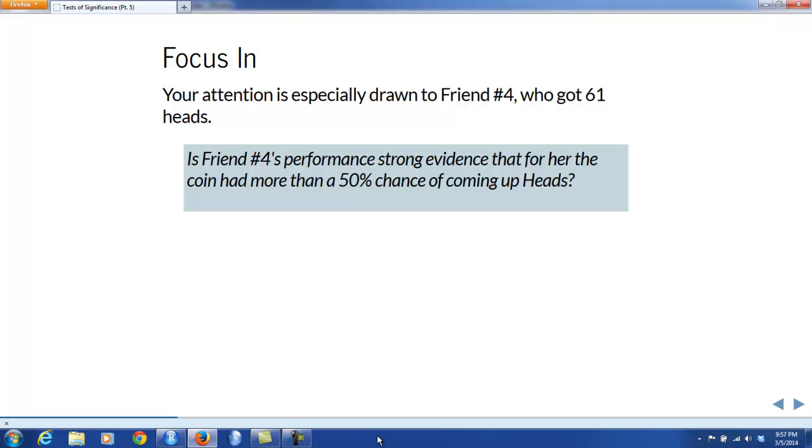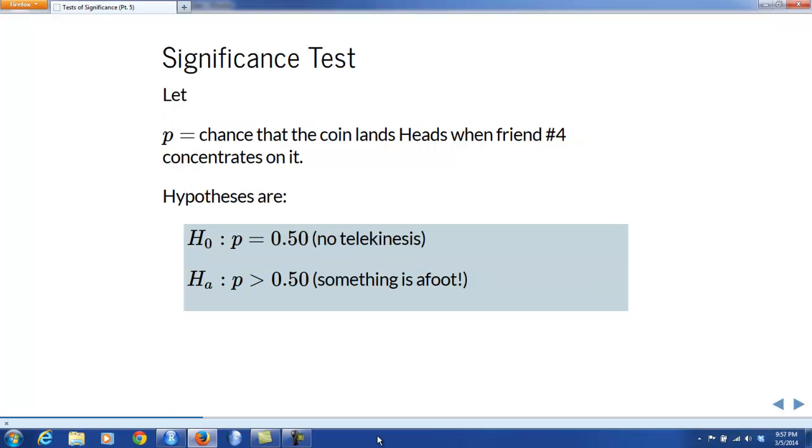And you wonder, is friend number 4's performance strong evidence that for her, the coin had more than a 50% chance of coming up heads? So you try a significance test. You let P be the chance that the coin lands heads when friend number 4 is concentrating on it.